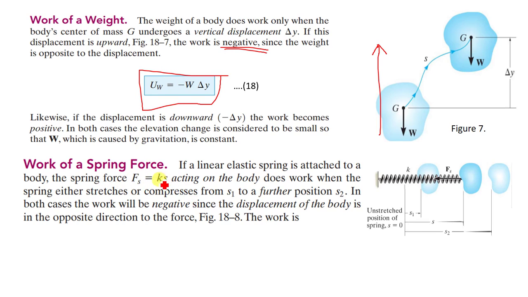We know this, which is k, the spring constant, times the distance it has moved, the stretch distance. It does work on a body when the spring either stretches or compresses from s1 to a further position s2. In both cases the work will be negative, since the displacement of the body is in the opposite direction of the force. So this one is also self-explanatory.